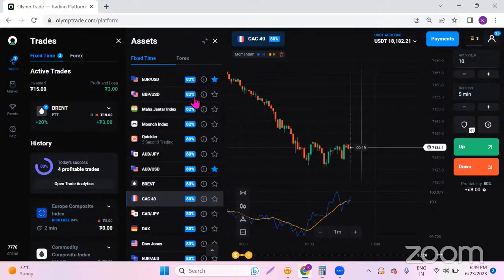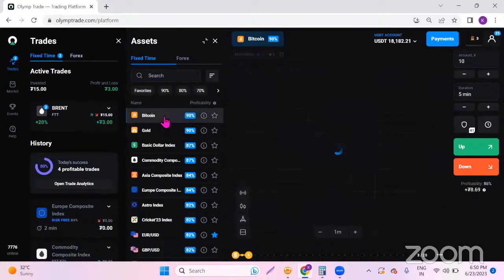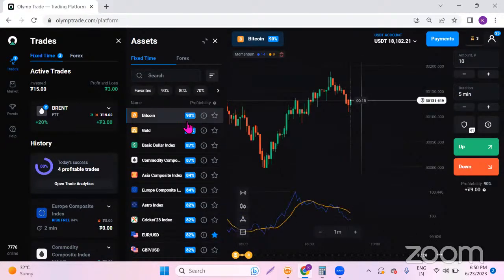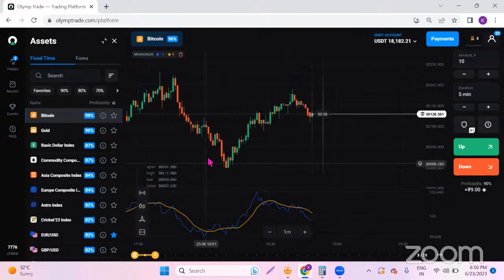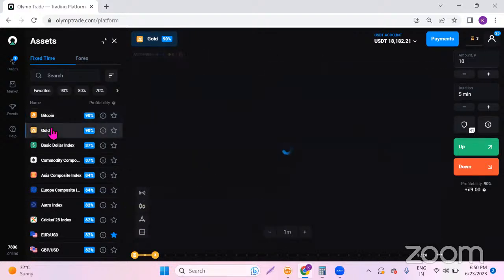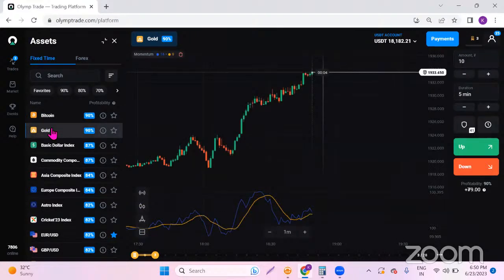So Brent is positive. Brent is giving some signals. We do not find more signals in other assets, but yes, Brent has been giving us signals. Let's see how the other assets are performing, guys, and drop in your comments regarding other assets over here.